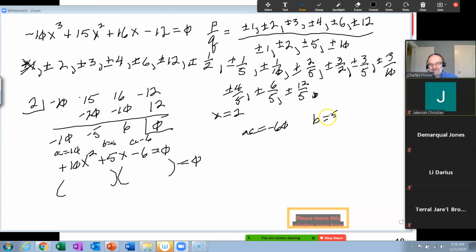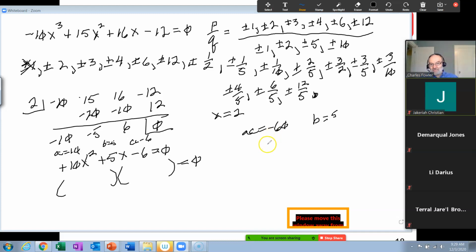That's a little strange, but true. Now, obviously, to have a factor of minus 60, one's going to be plus and one's going to be minus. To add to be a positive 5, the plus is the bigger number. So the minus number is the smaller number, the plus number is the larger.